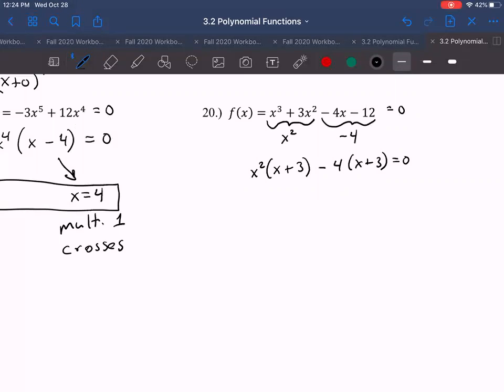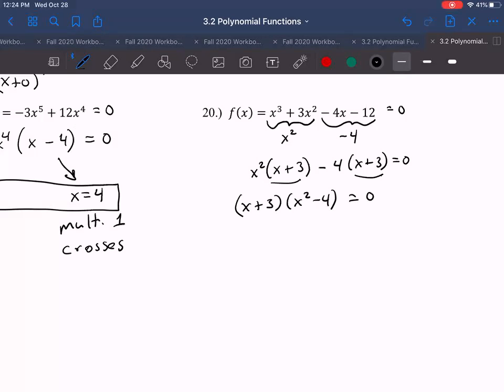You see that I have this x plus 3 and x plus 3, common in both terms. So I can factor that x plus 3 out in front and leave myself the x squared minus 4, and that will equal 0.